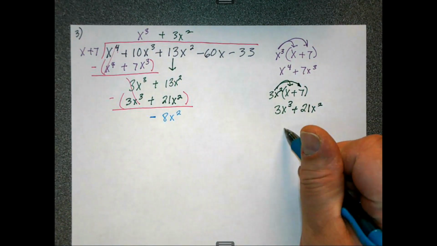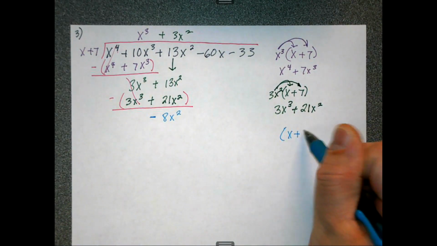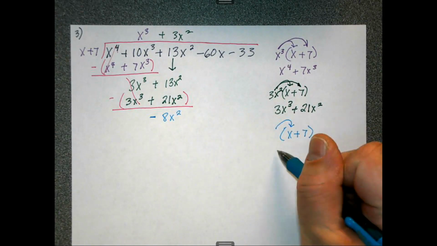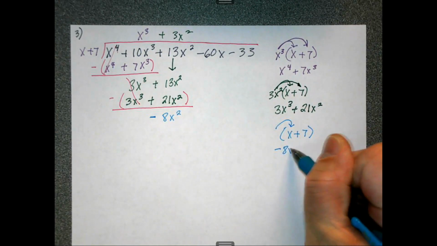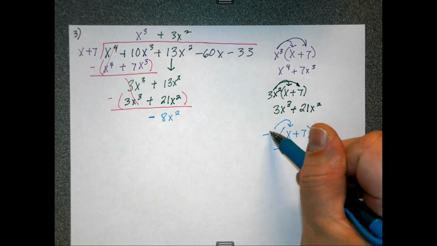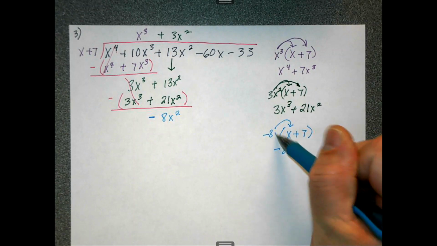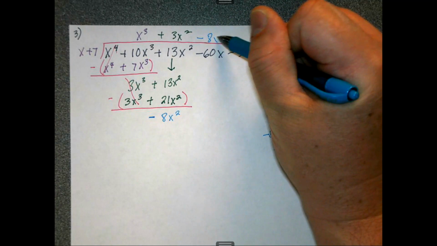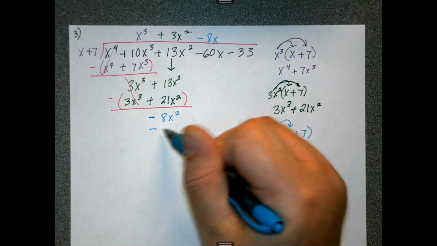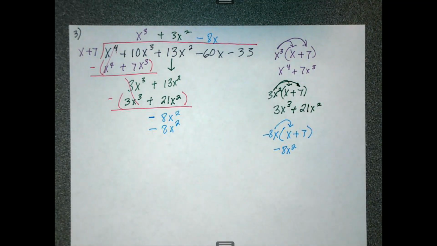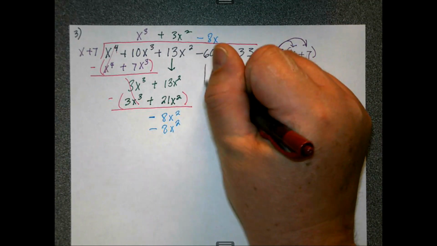So I'm going to take x plus 7, multiply it by something to get negative 8x squared. So I need a negative 8, and I need an x. Oh, I forgot to bring down my minus 60 here.